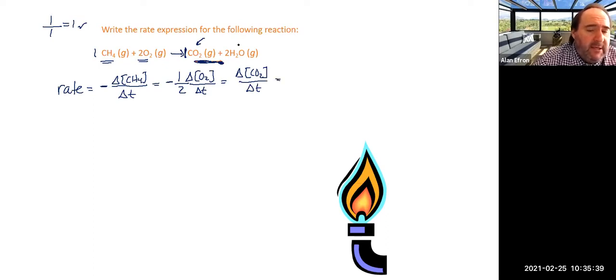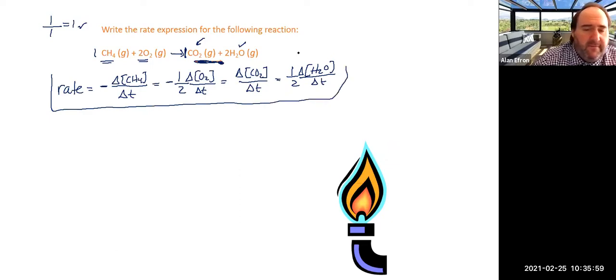And our last product here, again going to be positive, does have a coefficient of 2, so that'll be 1 over 2. Change in the concentration of water over the change in time. So this would be the rate expression for this reaction.